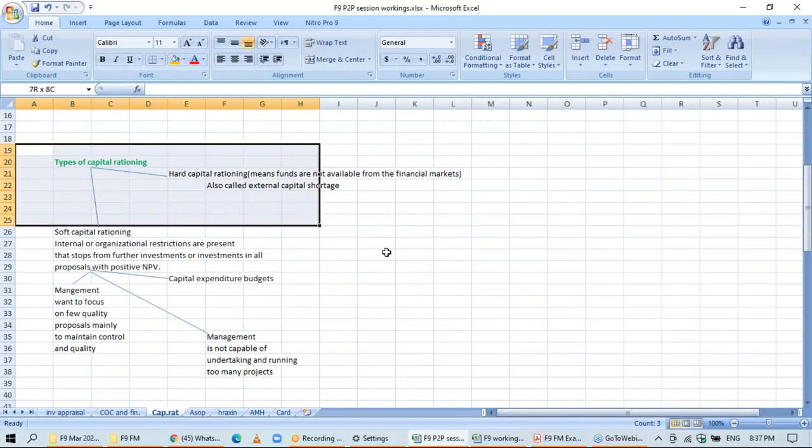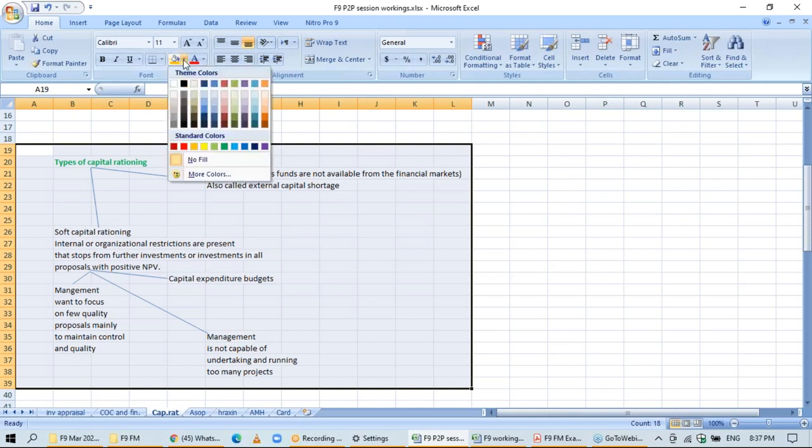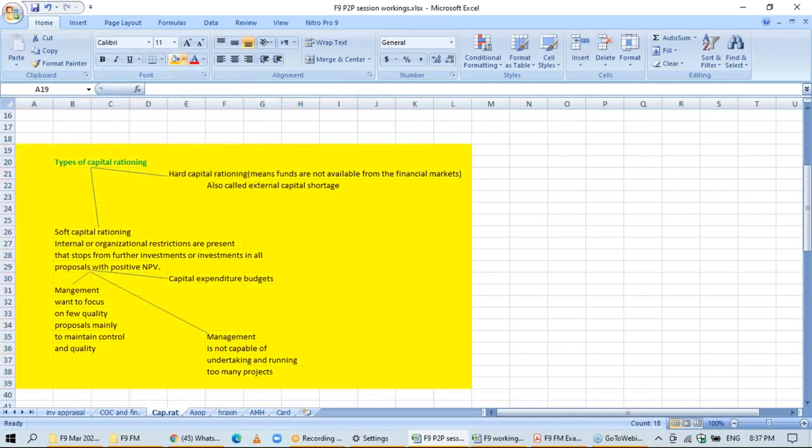You will be able to see a tree diagram in the yellow patch, right? This tree diagram discusses why fund shortages arise.